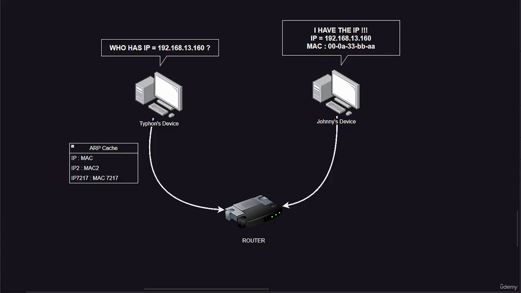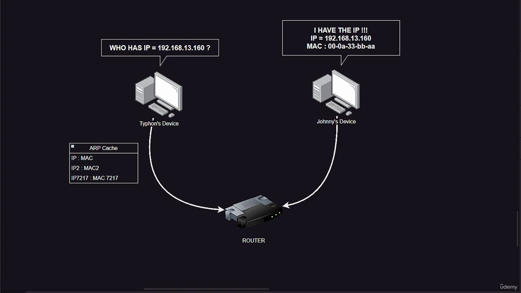Tayfun's device will send out a broadcast request to the whole network to ask which device has this respective IP address. Let me get my pen here and draw some things on the screen.